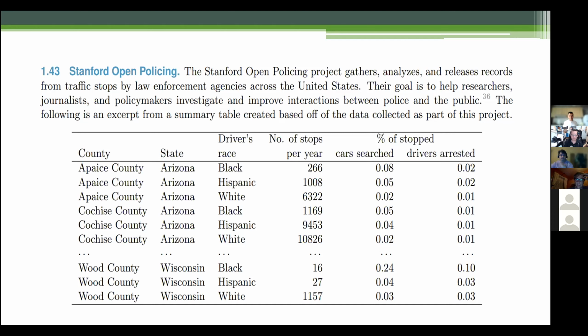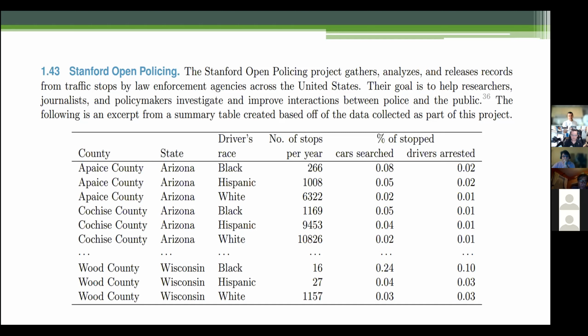I imagine there are more states, but what we have here is a summary table. We have several variables: county, state, driver's race. And because this is a summary table, we have number of stops and percent of stopped cars searched and drivers arrested as a derived variable.